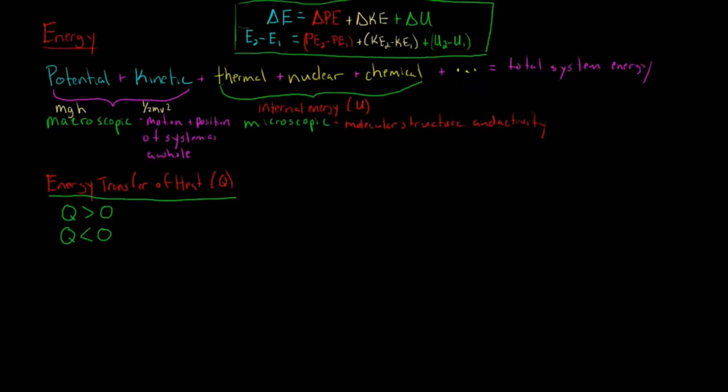So if our Q is positive, that means the heat transfer is to the system. So it's into the system. If our Q is negative, then our heat transfer is from the system. And this is opposite of the sign convention we had for work.